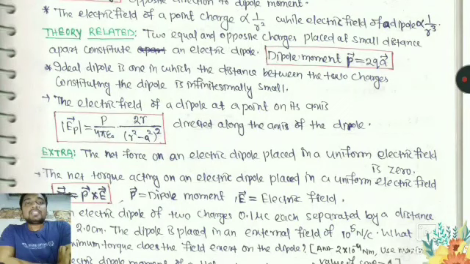What is the extra? A dipole experiences a torque in a non-uniform electric field, but in a uniform electric field it will not experience a torque, and the net force experienced by the dipole will be 0.